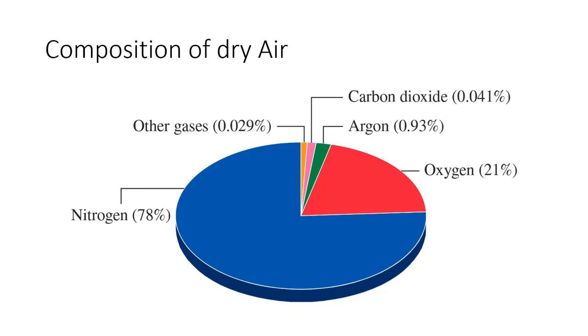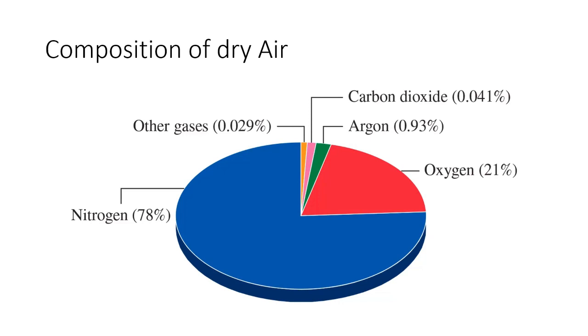So nitrogen makes up most of our atmosphere. That's almost 80%, and oxygen is a little over 20%. And then argon is about 1%. Now, to me on this graph here, it kind of looks like argon and carbon dioxide are about the same size.